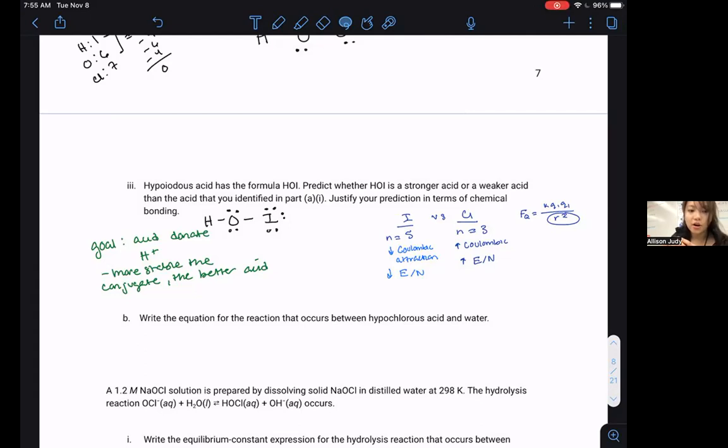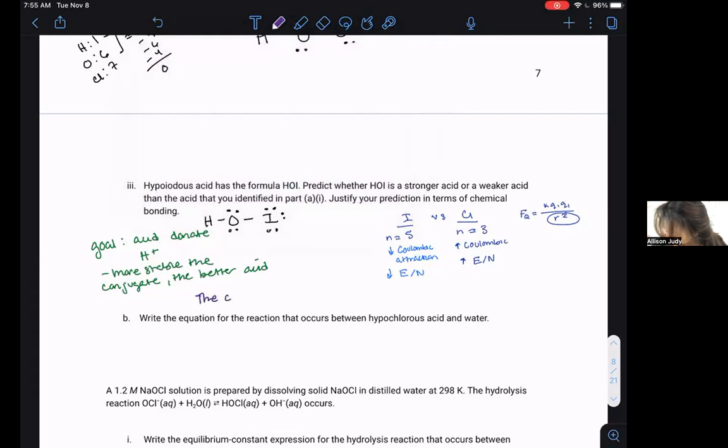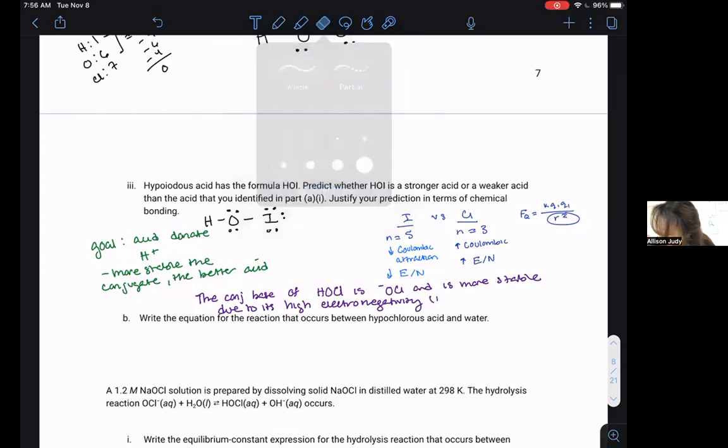So we would say then that the conjugate base of HOCl is more stable. The conjugate base of HOCl is O minus Cl and is more stable due to its high electronegativity. Another way to put it is its electron withdrawing capabilities.